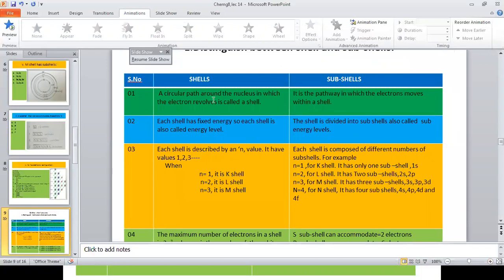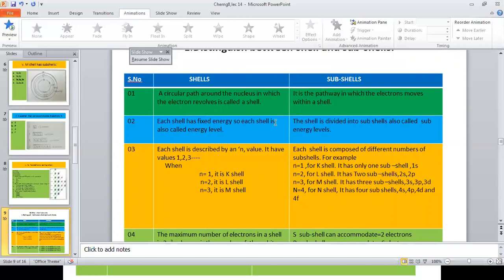And a subshell is the pathway in which the electron moves within a shell, inside the shell. Point number 2: each shell has fixed energy, so each shell is also called an energy level.